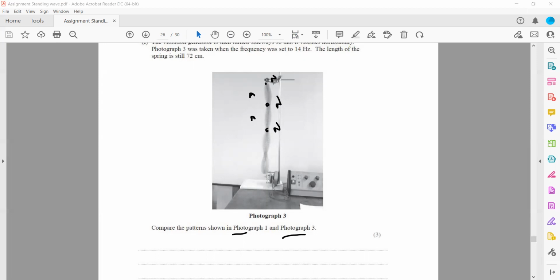But what are the differences? The number of wavelengths. The first figure we already calculated, it was producing 5 wavelengths. But here in the second figure, how many wavelengths are there? This is one wavelength and this is another. So 2 wavelengths. So shorter wavelengths are there.